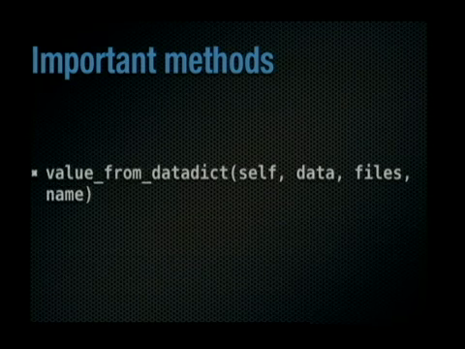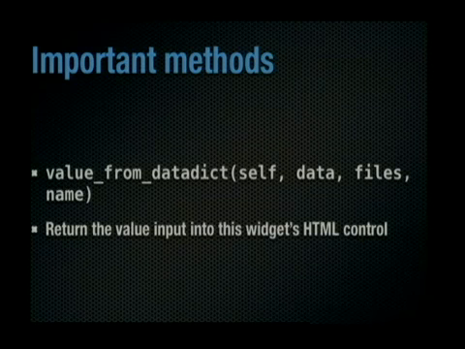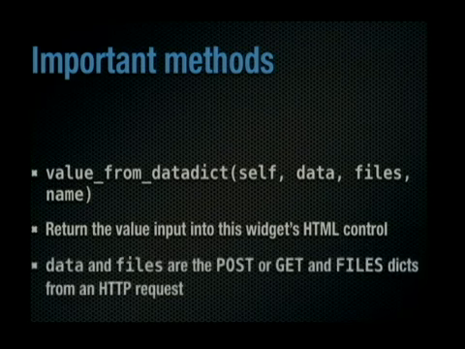There's a value from data dict method. This is basically if you take, say, request.post and pass it in here, this is how the widget knows what data to pull out of request.post that says, hey, this is me. So if you have, say, an email field, this is what would go find the actual email address and return it for you.